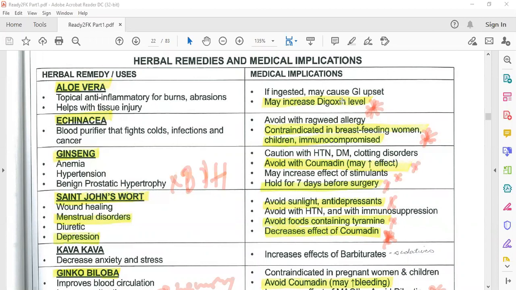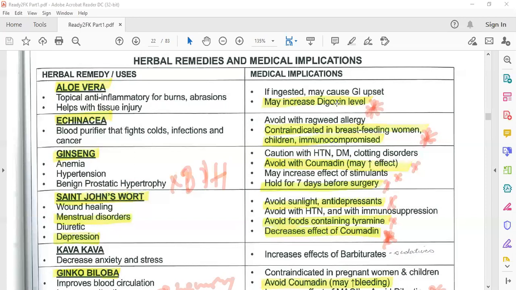Here's something very important I want to share with you. Digoxin is a cardiac glycoside. We use digoxin for atrial fibrillation or atrial flutter, and also for chronic heart failure.